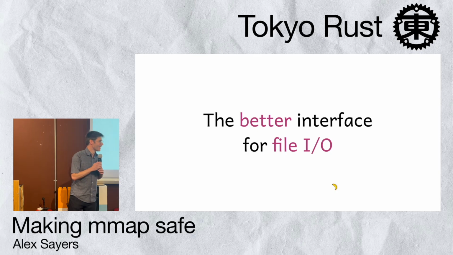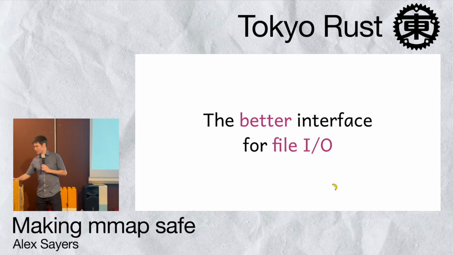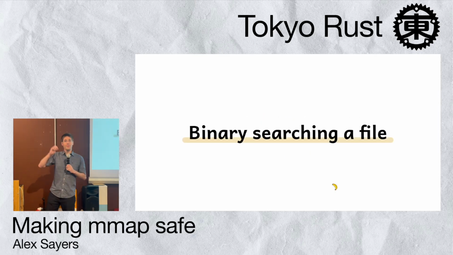That was quick. Yes, binary search. Oh, we've got a question. The question was if we have a bunch of sorted points and we want to locate one of them by timestamp, what's a good way to do that?